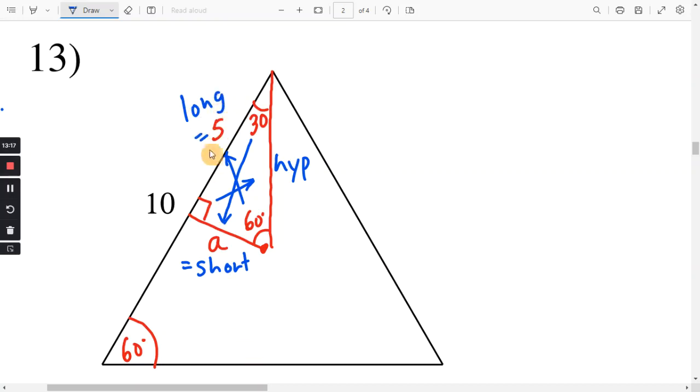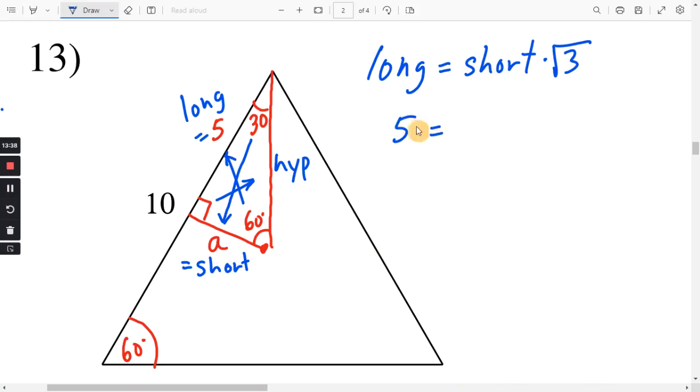All right, the long side is the one that's given, so that's the formula we need to use first. And we said the long side is the short times radical 3. Okay, the long side is 5, and that equals the short side, which is A, times radical 3.